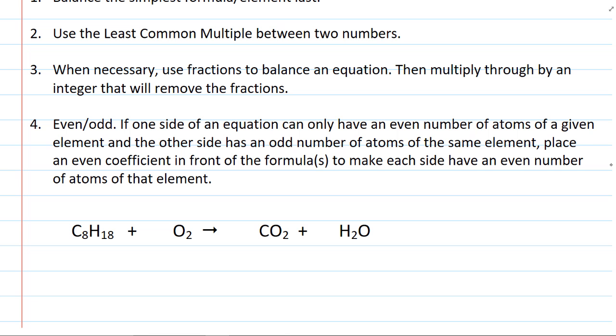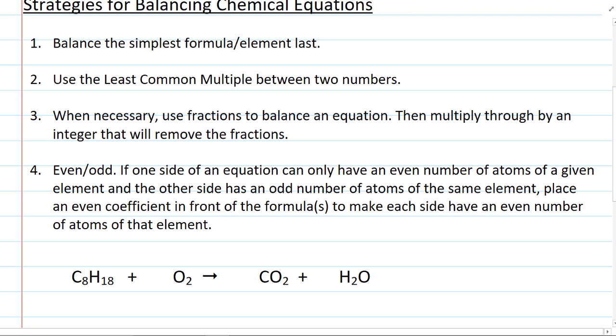Because it contains carbon, one product is carbon dioxide. Because it contains hydrogen, one product is H2O. Our strategies tell us to balance the simplest formula or element last. Which one is the simplest formula? O2. So we balance the O2 last, which means we start with the carbon.